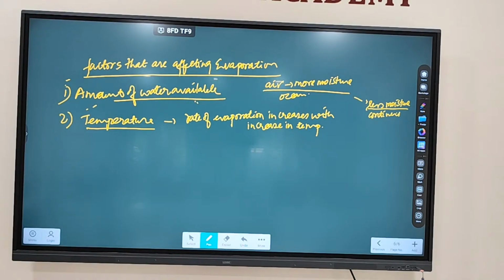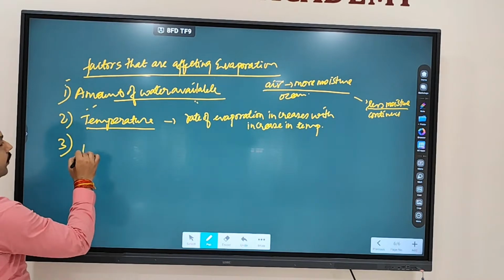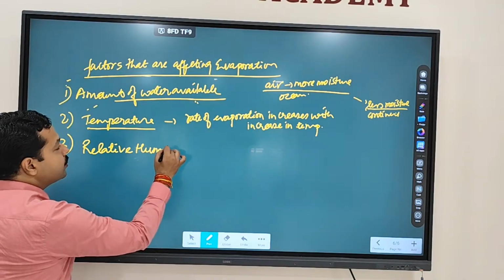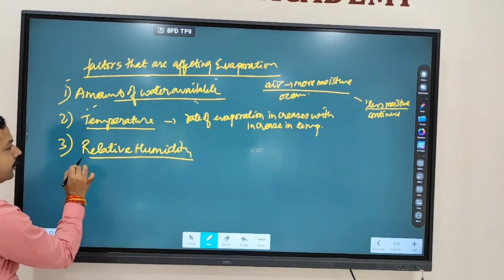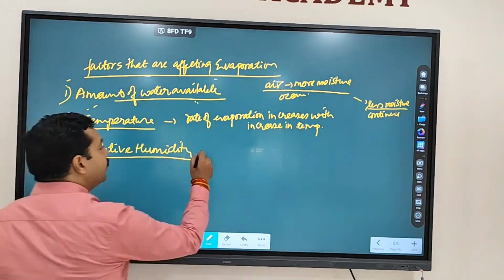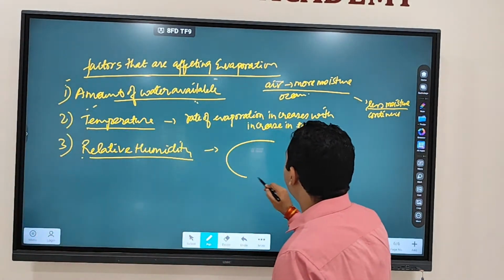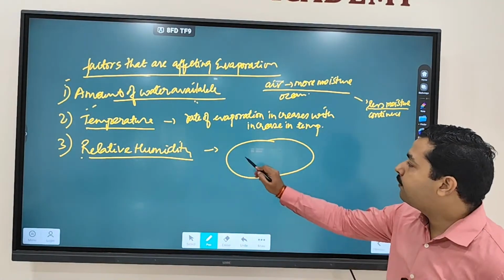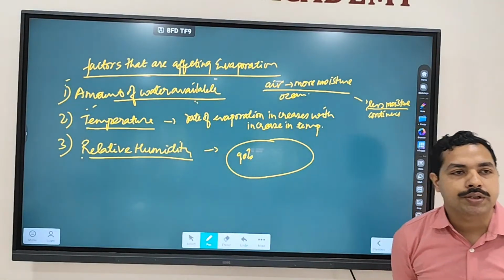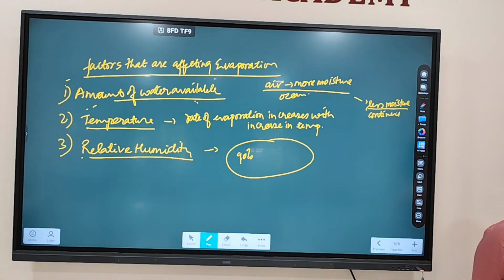Fine. The third thing, relative humidity. This will also determine the rate of evaporation. What is relative humidity? Just now we discussed: moisture contained divided by moisture holding capacity. If air already has 90% of moisture, what will happen to evaporation?